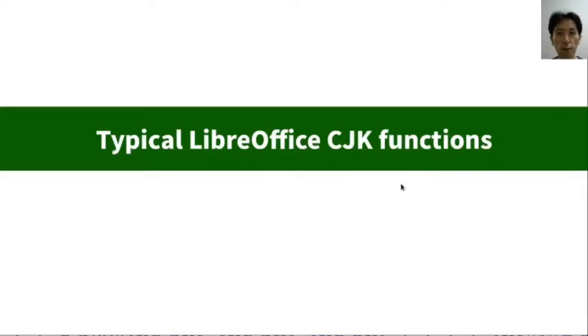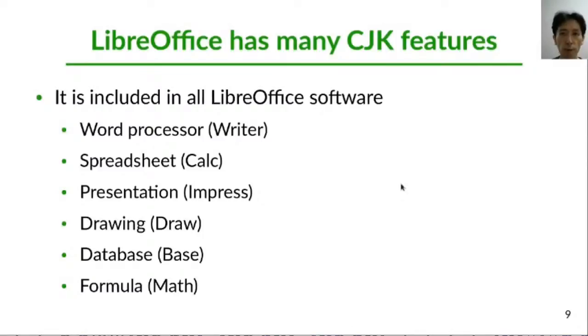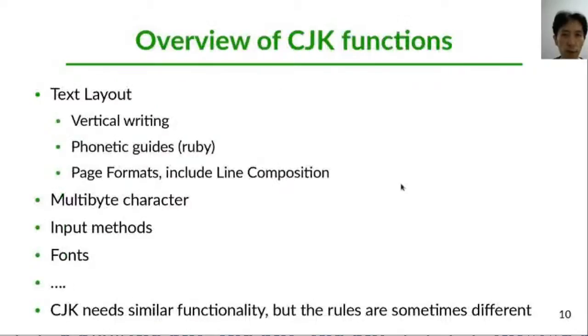Next, typical LibreOffice CJK functions. LibreOffice has many CJK features, included in all LibreOffice software: Writer, Calc, Impress, and so on. An overview of CJK functions: text layout, including vertical writing, phonetic guide, and page formatting, and multi-byte characters, input methods, fonts, and more.